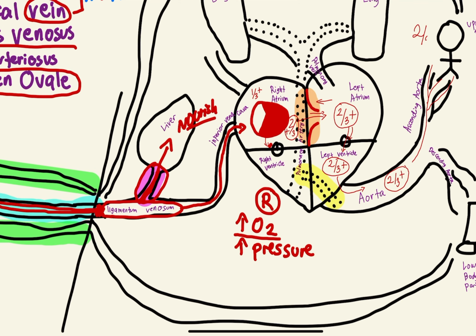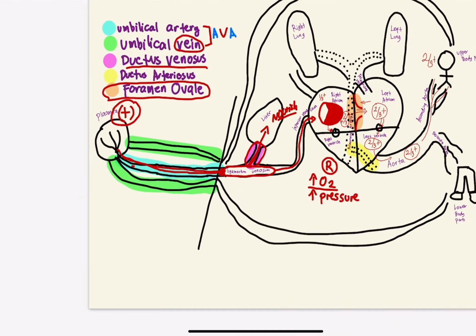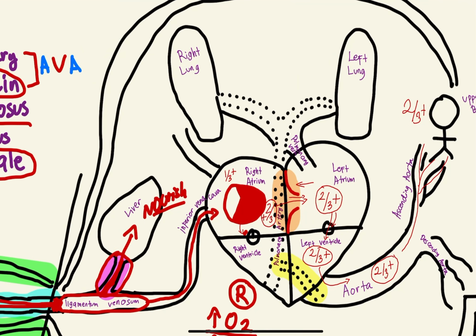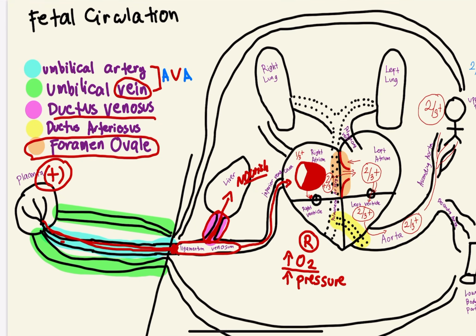Okay? So, nandito na po si 2/3 oxygenated blood. What will happen? Pag nandun na po sa upper parts of the body si 2/3 oxygenated blood, the body will consume it. Therefore, magiging 2/3 unoxygenated blood na po siya. And then what will happen again?